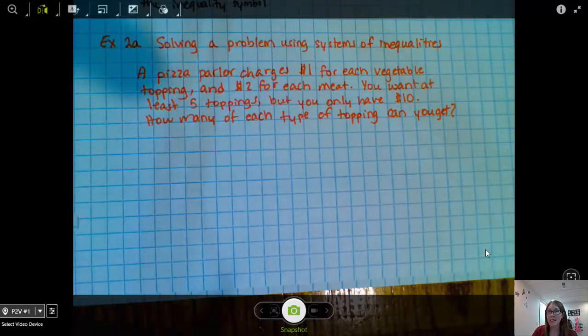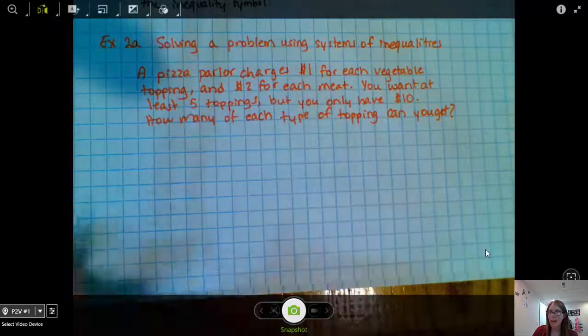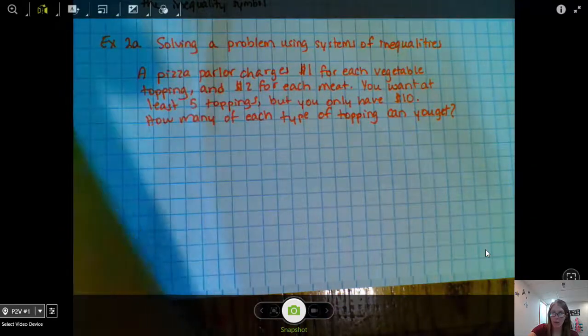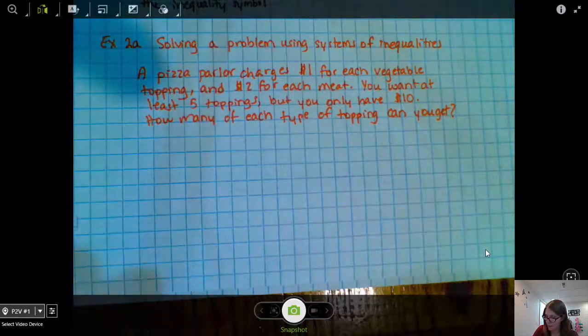All right, first thing we have to do is figure out how to write a system of inequalities here. And just looking at our situation, I see we have this information. We want at least 5 toppings, but we only have $10. So I'm going to go off of that.